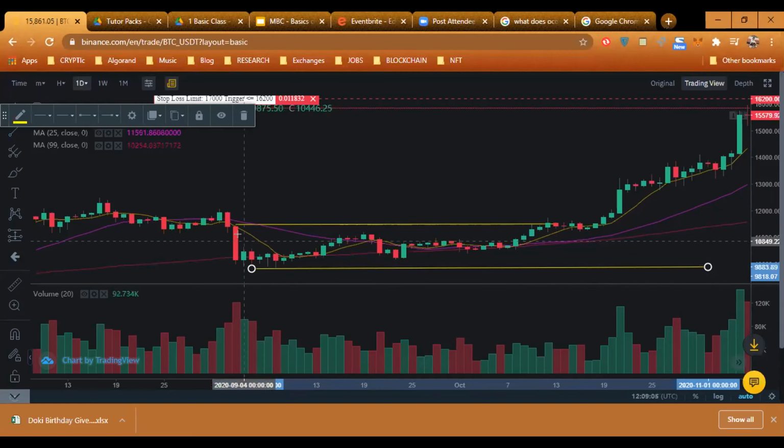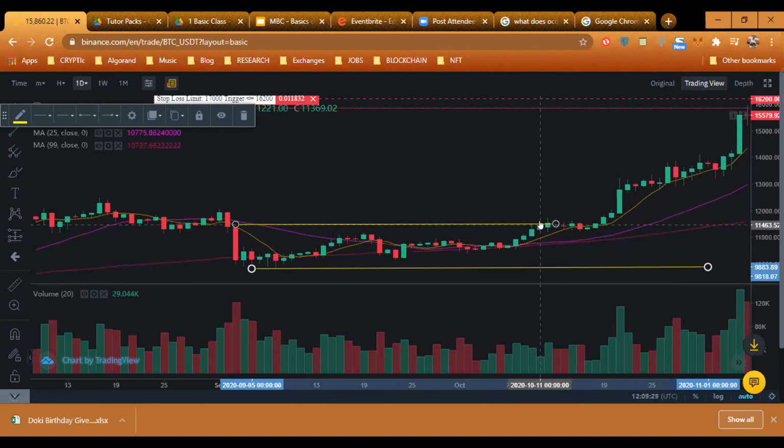And during this time period, Bitcoin didn't rise above 11,595 here. It didn't rise above 11,573. It did not fall below this, and it did not rise above this.